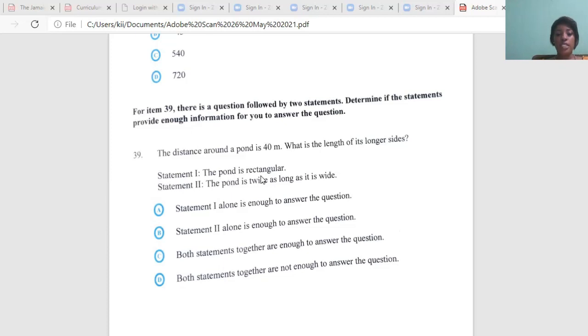So statement 1 says the pond is rectangular. And the other statement says the pond is twice as long as it is wide. So because it's rectangular and twice as long as it is wide, the distance around the pond is 40.